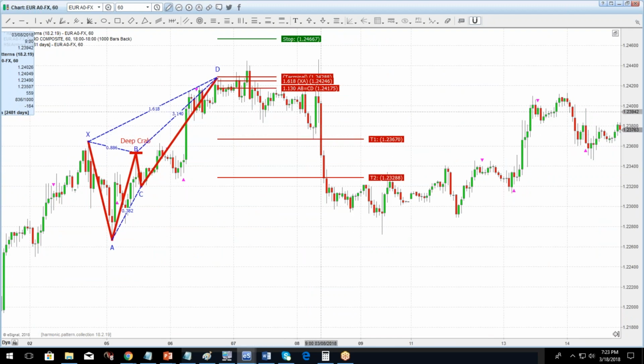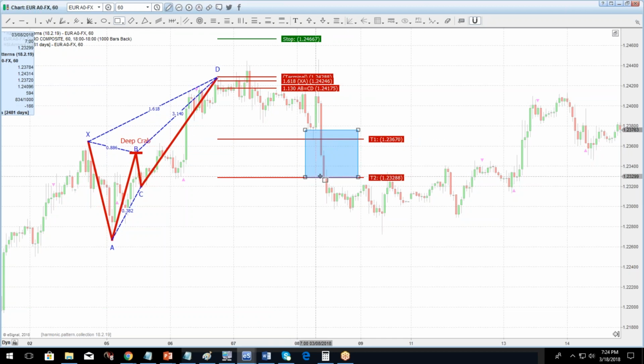But I think its integration and people's understanding of why this is so important has really emerged. So we look at those two profit targets on all of them. And we're looking for the harmonic reaction, meaning we have a clear pattern, and then we're looking for that move to the 382 to the 618.